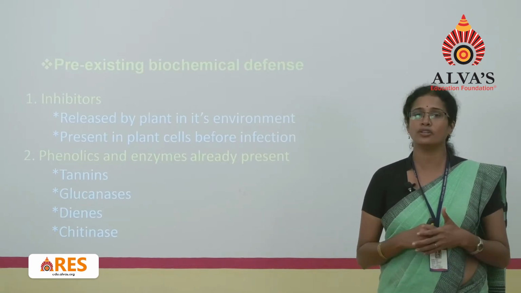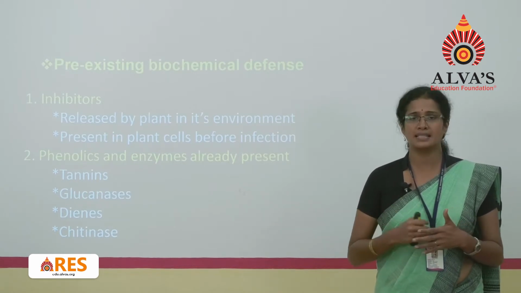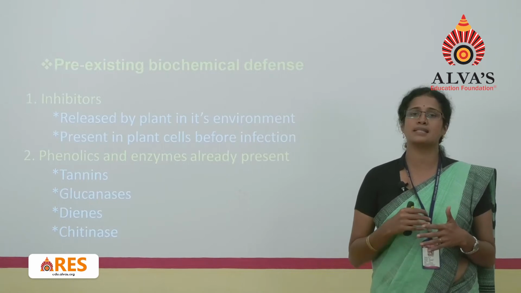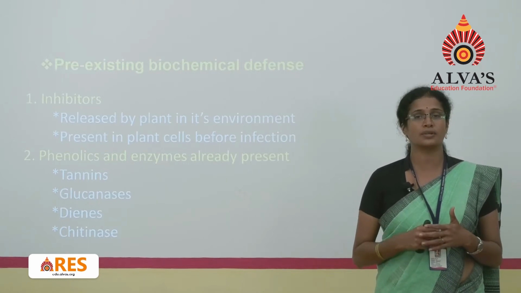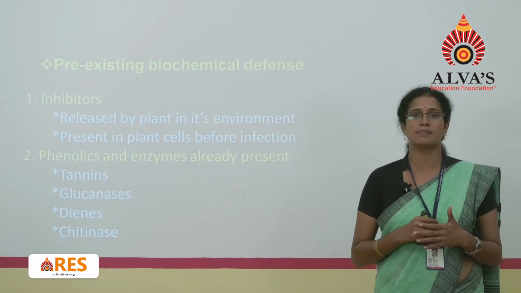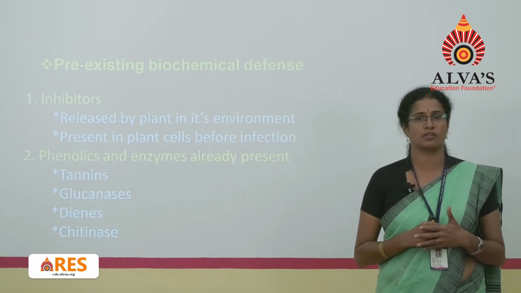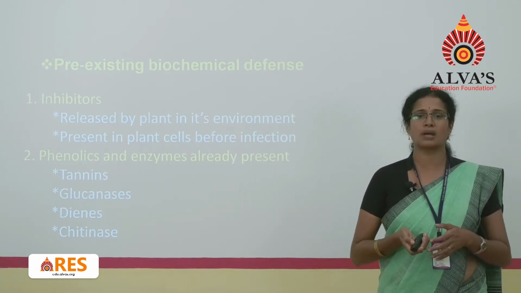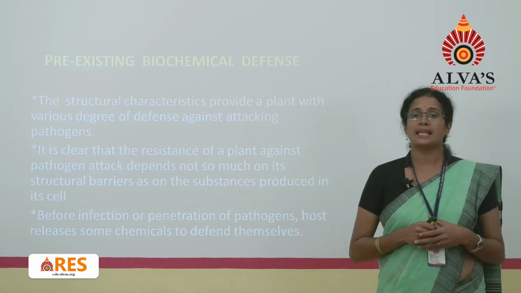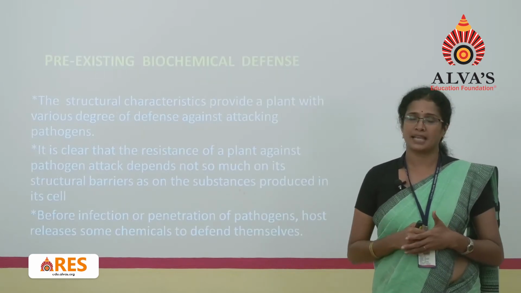So phenolic compounds, then enzymes, etc., which are already present in the plant are also responsible to act as a barrier against the infection of pathogens. Now let us study one by one the pre-existing biochemical defense mechanism.